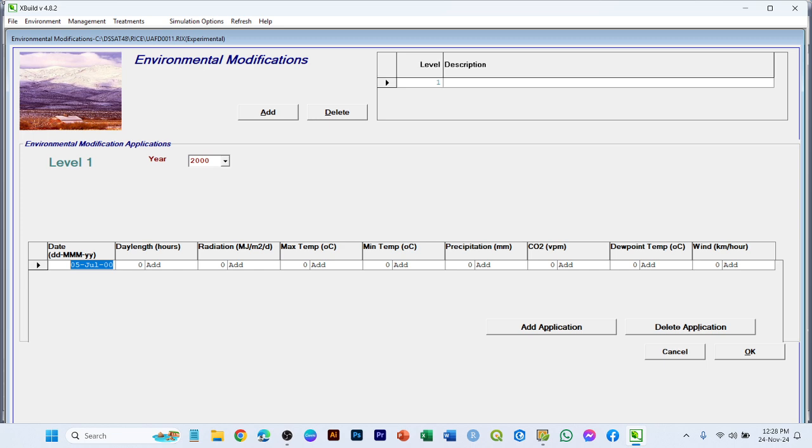So if you want to calculate the impact of CO2 for the future, you have to mention the CO2 as, say, 500 ppm or 600 ppm. Then your experiment will show you the projections, a simulation for the future.